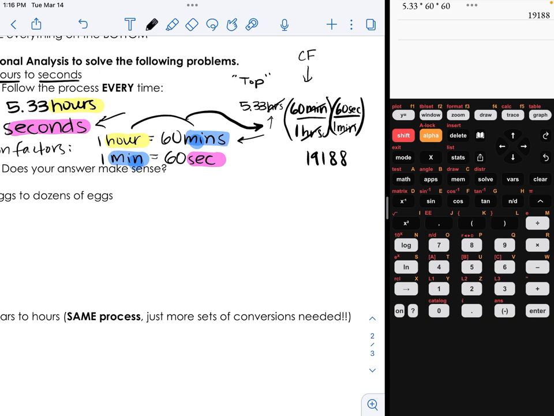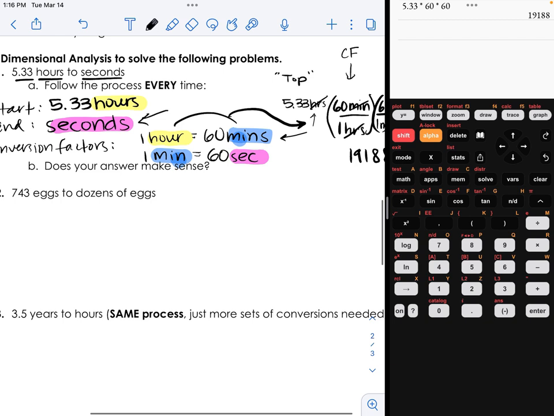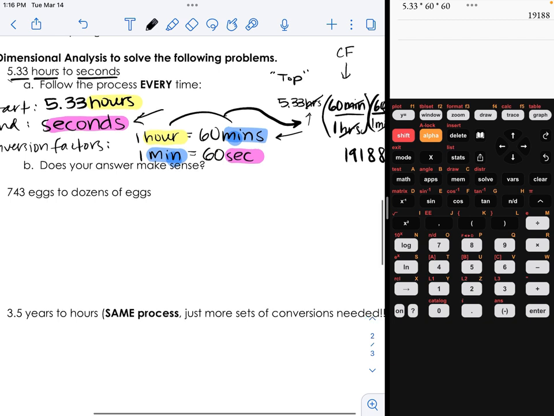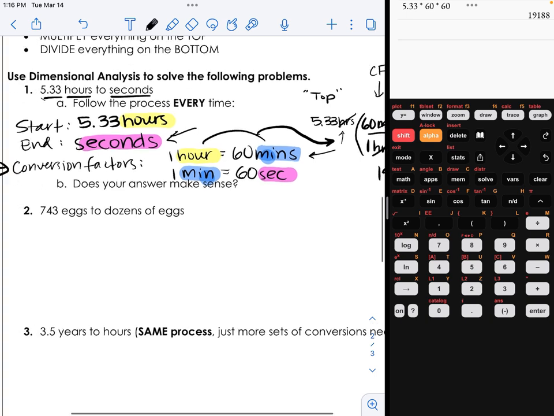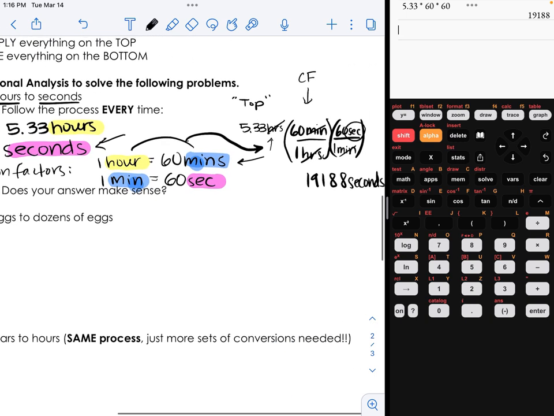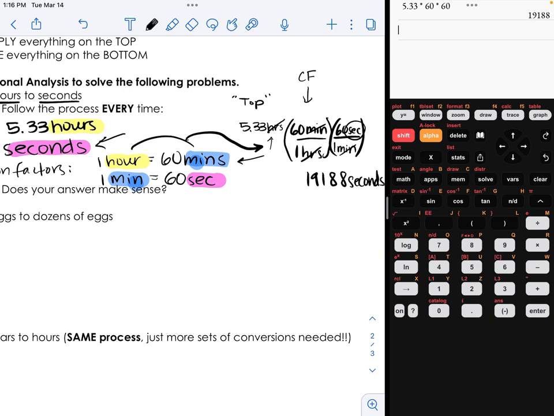And that needs a unit. The only unit I had left over was seconds. So did I answer the original question? The original question was 5.33 hours to seconds. So there are 19,188 seconds in 5.33 hours.